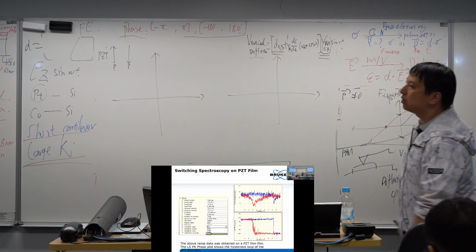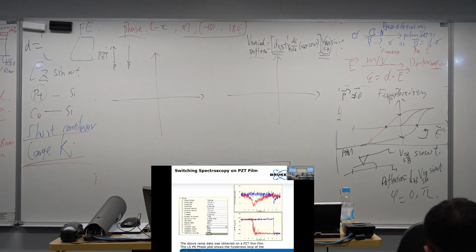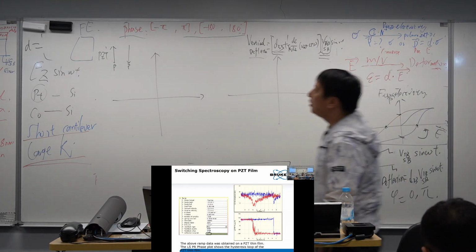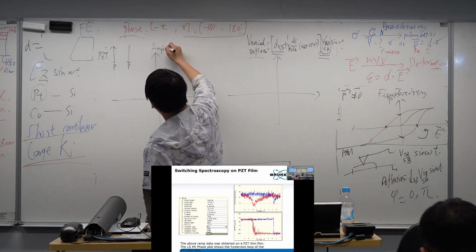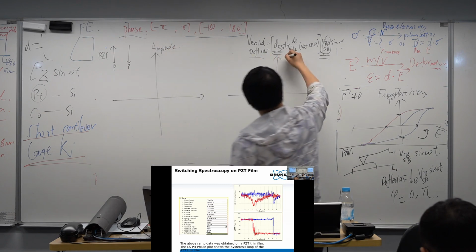Today, I am not doing the ferroelectricity analysis. What I am doing today is the PFM. So I have the amplitude and the phase.